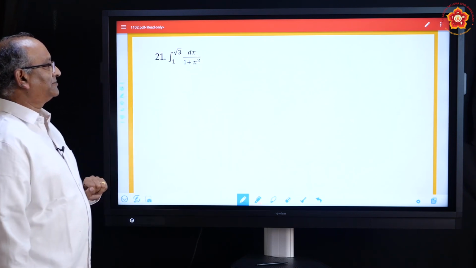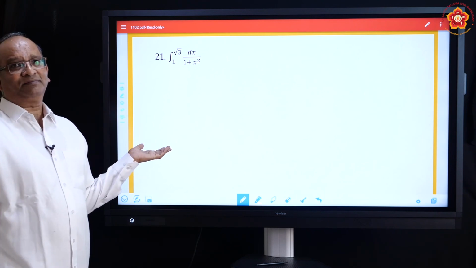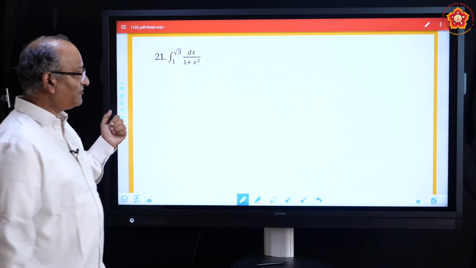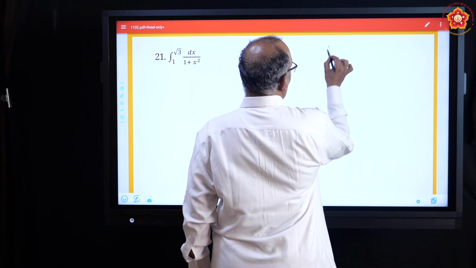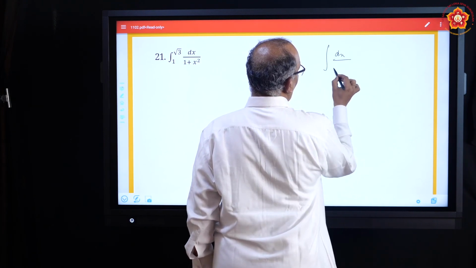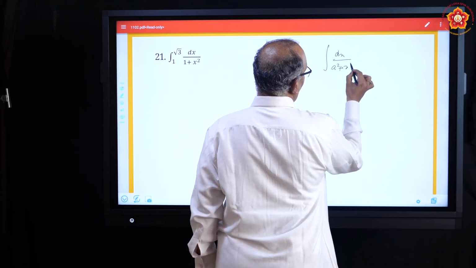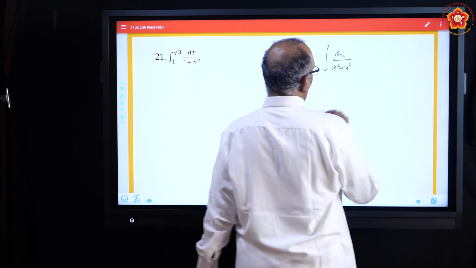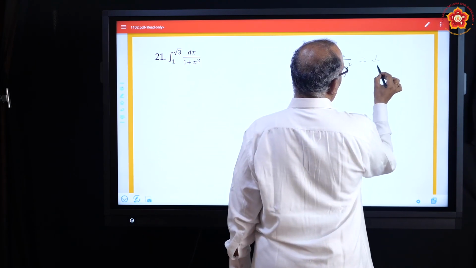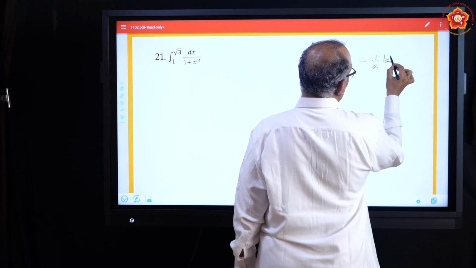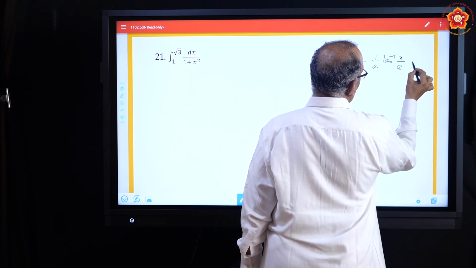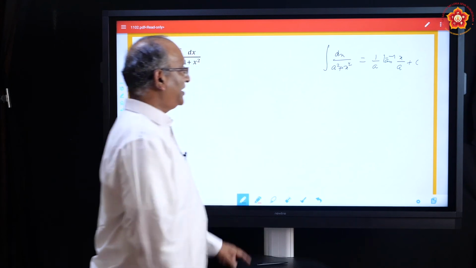This is the question. Same formula that we applied just now. What was the formula we applied? dx upon a square plus x square. What is it? 1 by a tan inverse x by a plus c. In place of a, you have 1.